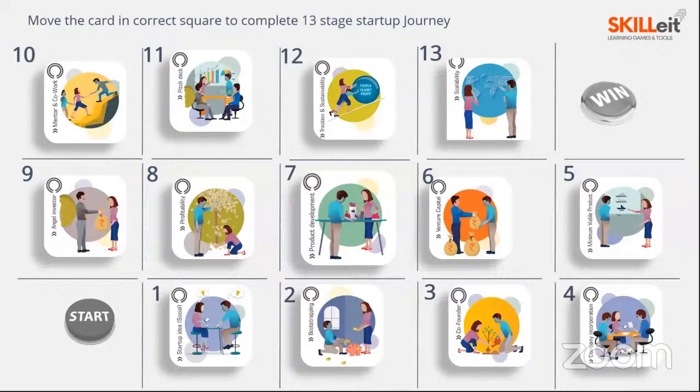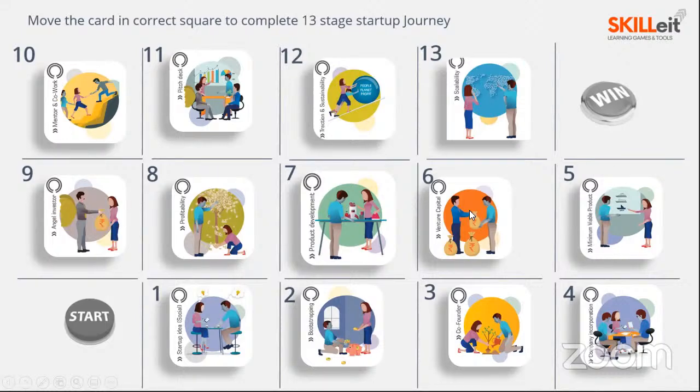Then we chose company incorporation. Without incorporating our company, how are we going to be there in public? Then angel. Then we have minimum viable product, which we chose as an early stage because it is a technique for how the product has to be developed.